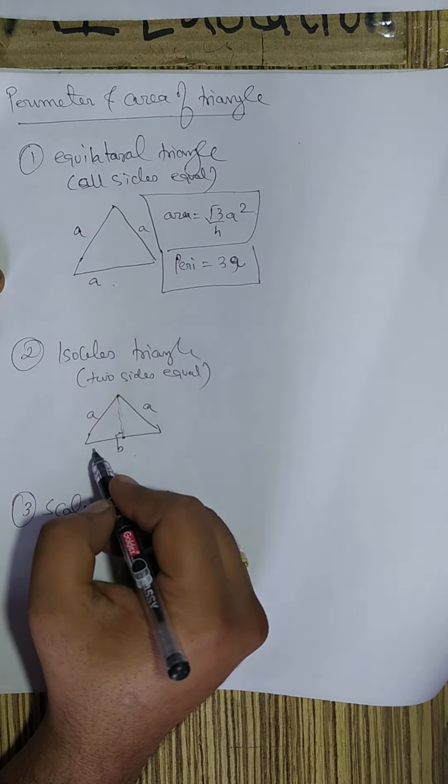This is the height obtained as per Pythagoras theorem. Hence, for this isosceles triangle, area will be half, complete base is b, and the height is square root of a square minus b square by 4. This is the area of isosceles triangle. And perimeter, again logically, sum of all the sides, so it is 2a plus b.